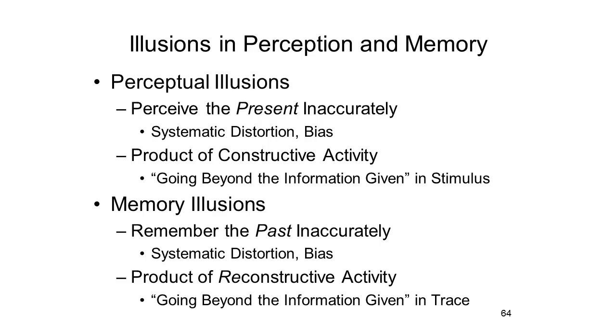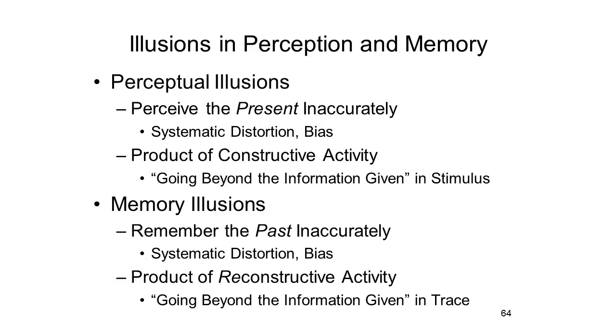And just as perceptual illusions are produced by the misapplication of the perceiver's pre-existing knowledge and beliefs, including unconscious inferences, so memory illusions are a product of pre-existing knowledge, including knowledge of the semantic associations among words that a person brings to encoding and retrieval.